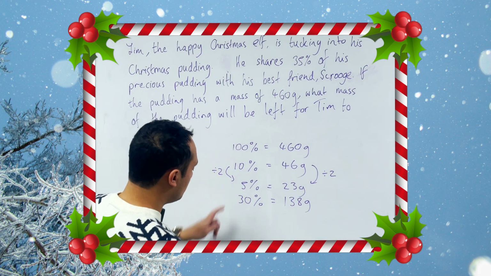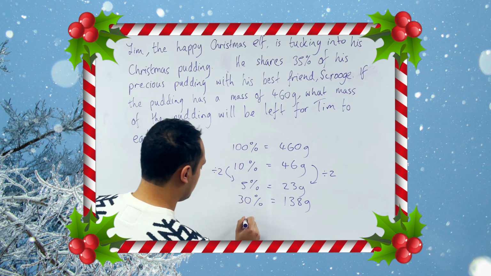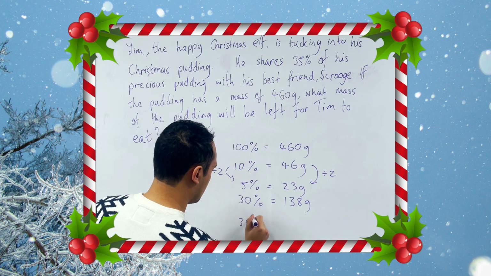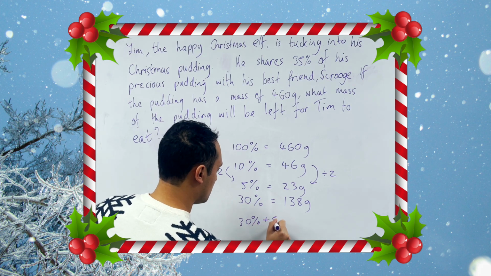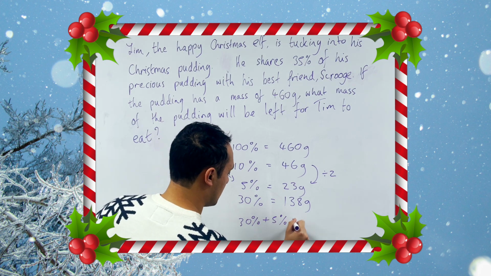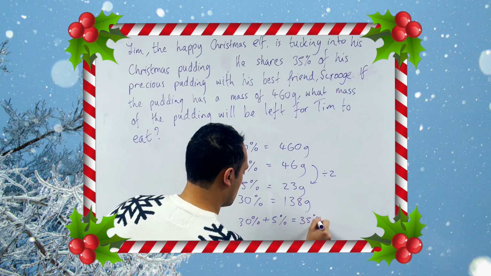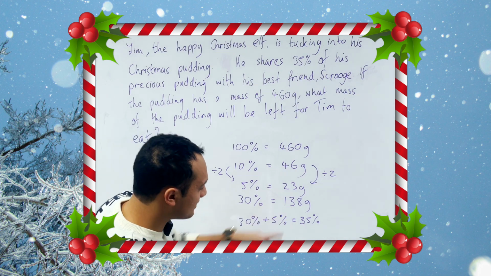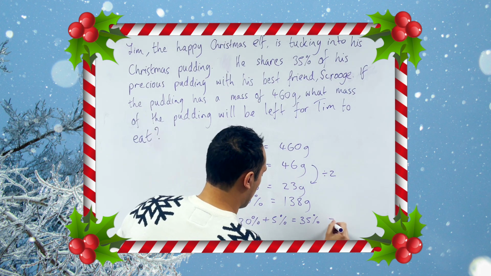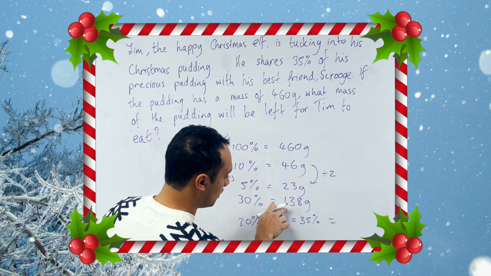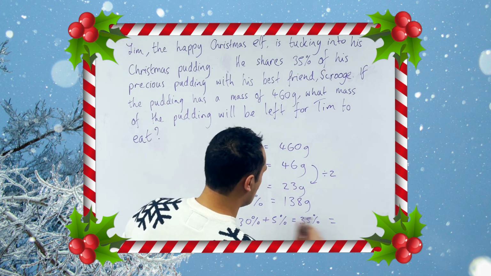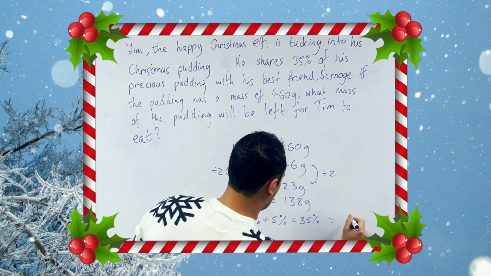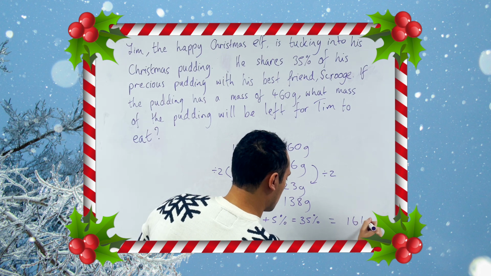And then we're going to add that 5% in. So we know 30% plus 5% equals 35%. We're going to take our 23 grams and add it to our 138 grams and we'll get 161 grams.